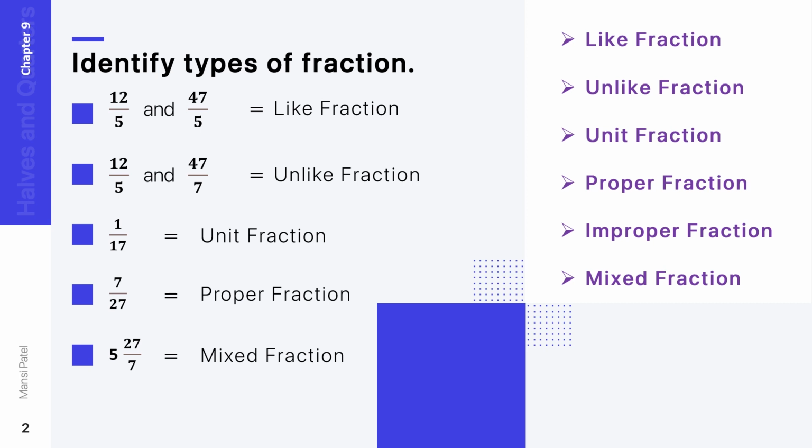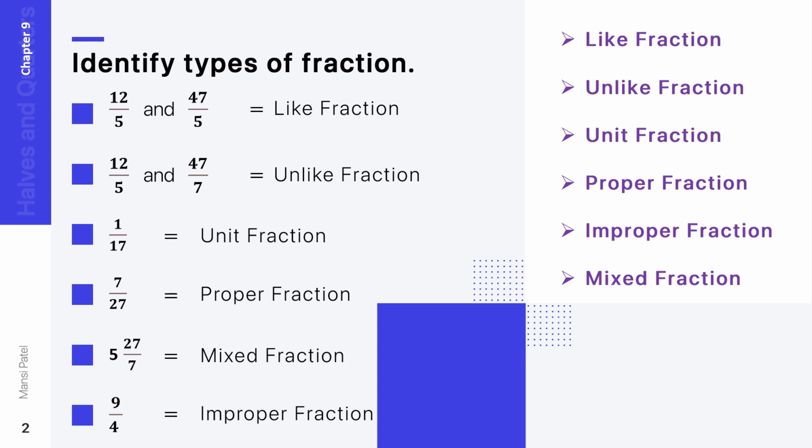So 5 integer 27 upon 7 is known as mixed fraction. And the last one, 9 upon 4. See here, our numerator is bigger than the denominator. Yes. So this type of fraction is known as improper fraction.